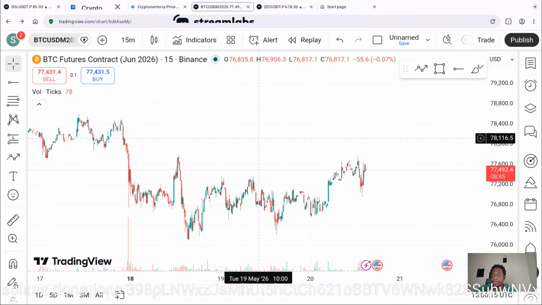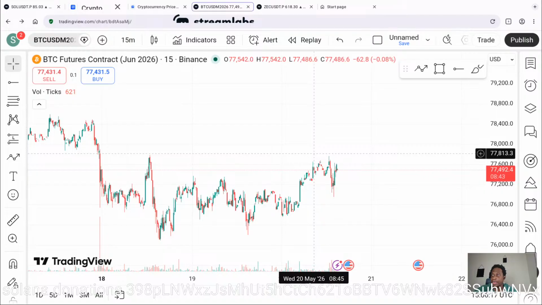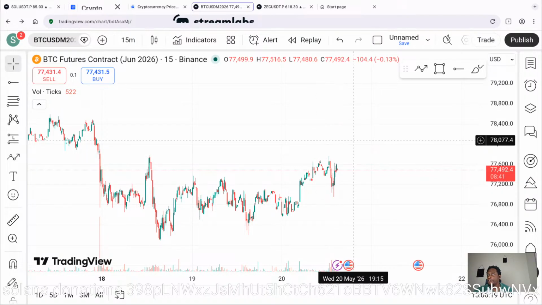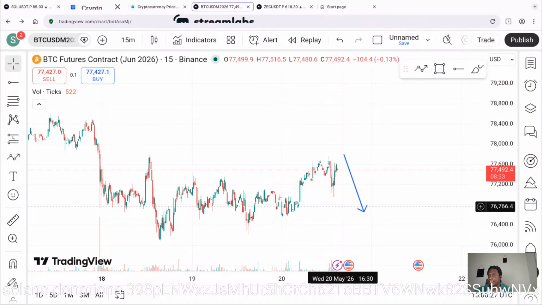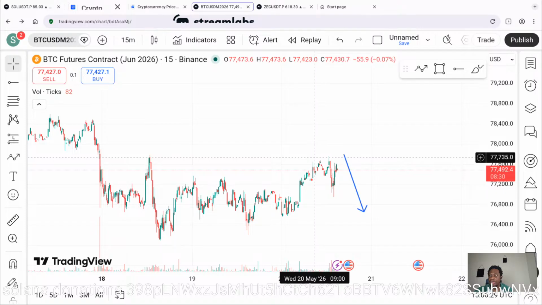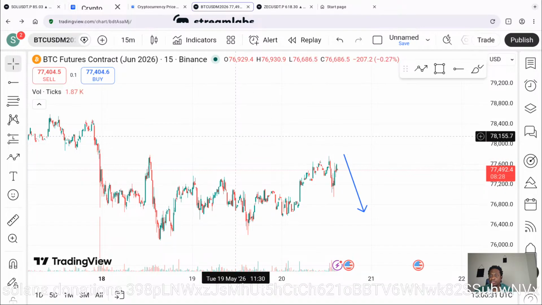Yep. The only thing I see here could be a very short move possibly down from 77 to 76. So you would want to position around here with a stop loss around here.